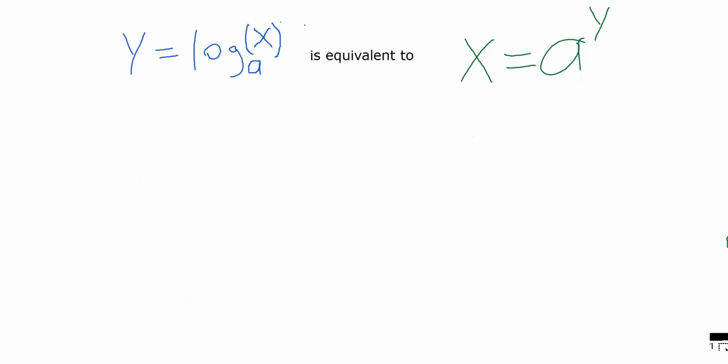We'll jazz it up a little bit. If you have the log base 17 of 1, 1 is your argument. You're saying 17 to what power gives you 1? Well, that's going to have to be the 0th power.